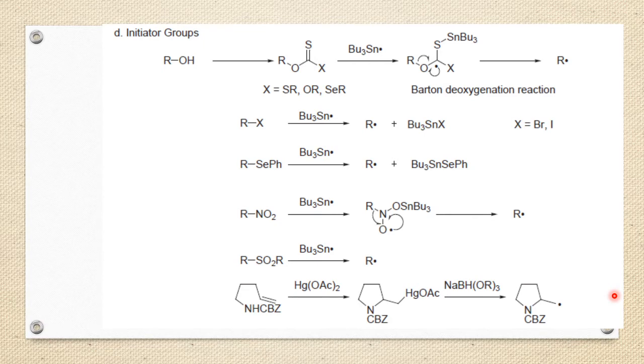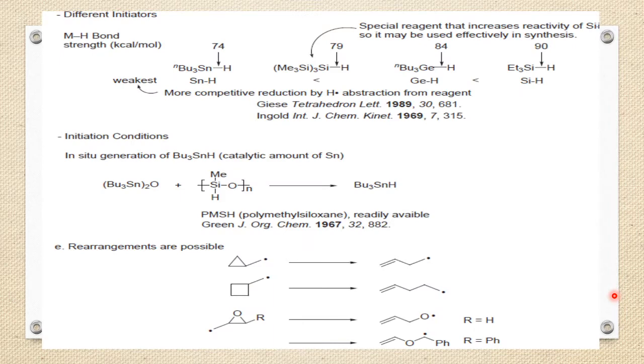Initiator groups like tin, tributyl tin, and Raney nickel, which is normally utilized in Barton deoxygenation reaction, are very prominently used in this stage, as we have discussed earlier. Some other initiators, like silicon based initiators, are utilized.